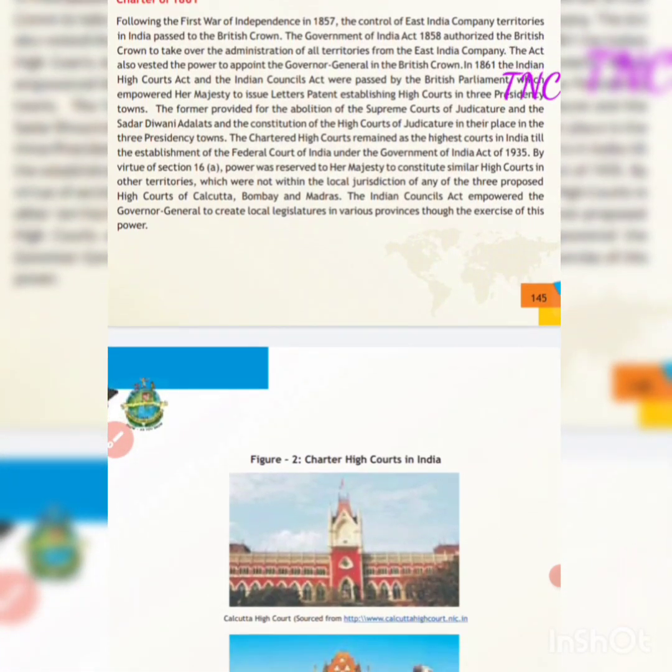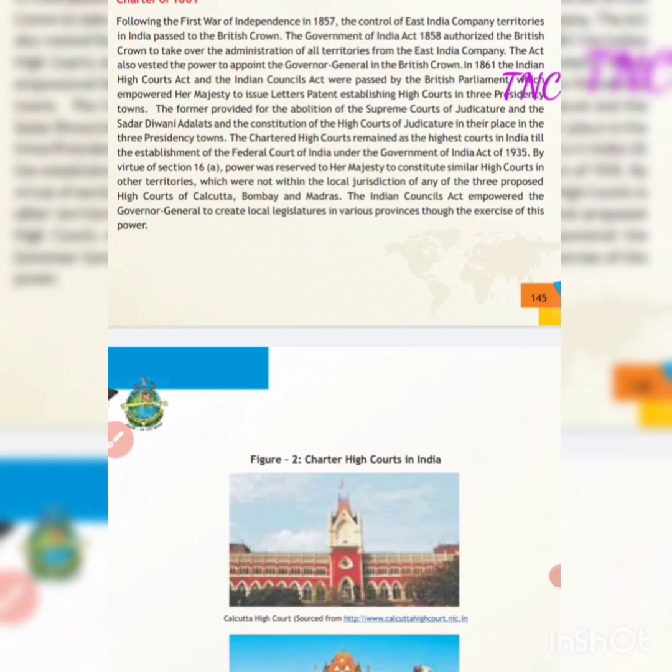The former provided for the abolition of the Supreme Courts of Judicature and Sadar Divani Adalats, and the constitution of High Courts of Judicature in their place in the 3 presidency towns. We have discussed in the previous videos how the Supreme Courts were established at various different times in the 3 presidency towns of India.